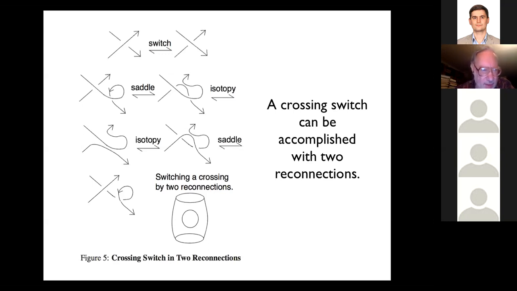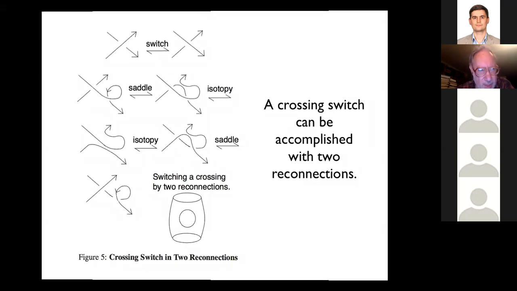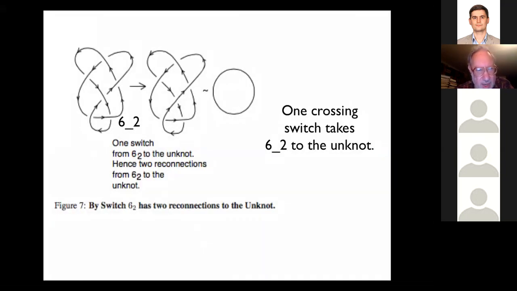But in the evolution, quasi-physical as it was, this is not what happened, and it required 4. But here is the ideal world. Here's 6-2, and in this ideal world, 2 recombinations took you to switching the middle crossing in the 6-2. So my question is: is there a physical context in which that might happen through this kind of flow?